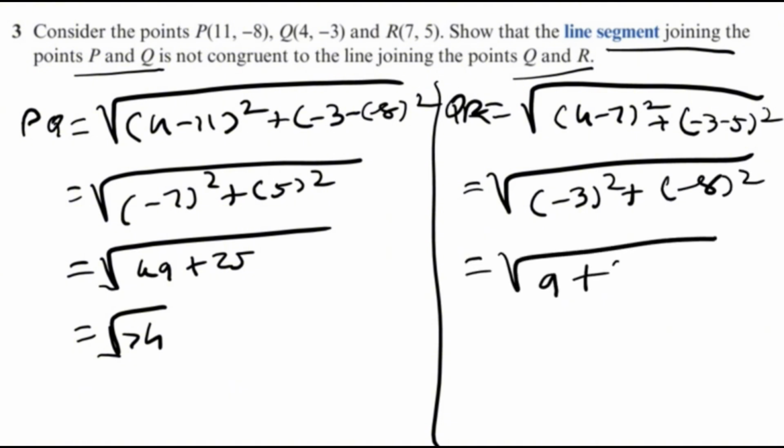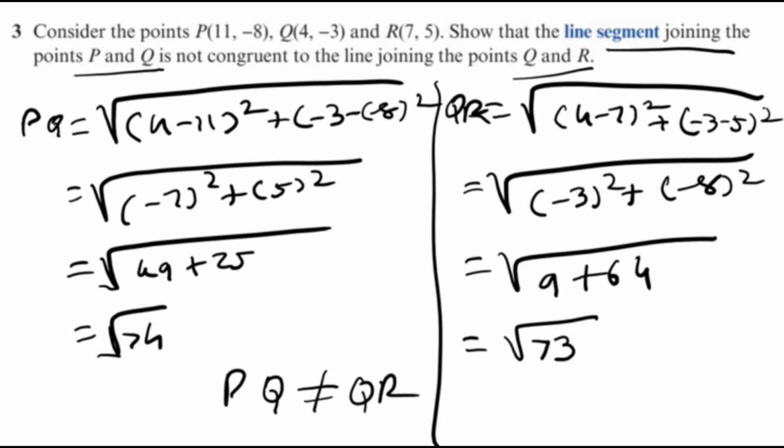That will give you 9 plus 64, and that will give you root 73. So as you can see, PQ and QR are not the same. So you can write PQ is not equal to QR, or you can say they are not congruent to each other.